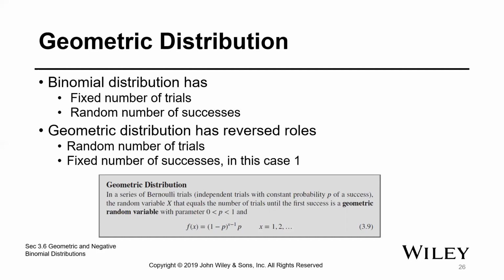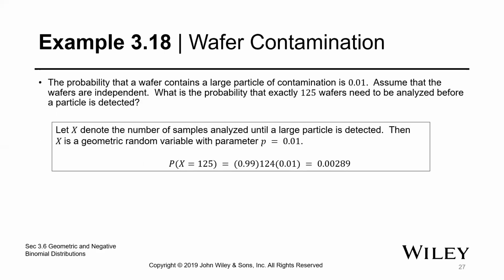The only time I've ever used this is for p corrections whenever you have something that has a high chance of success. Bernoulli's correction factor, it's kind of annoying. So once again, we have wafer contamination. 125 wafers need to be analyzed before the process is tested.